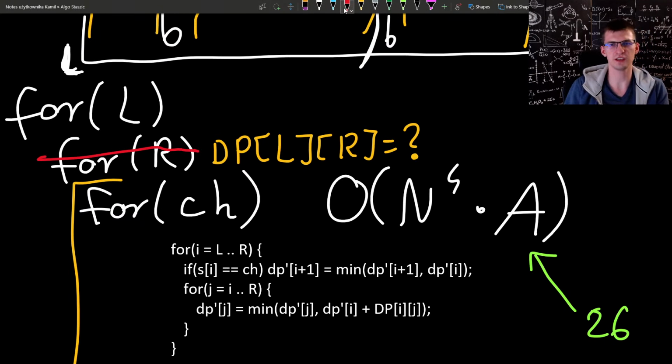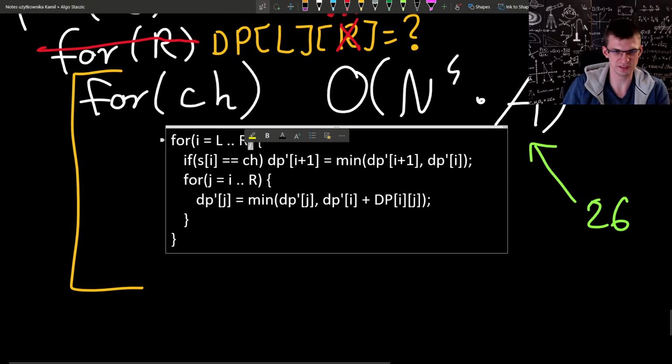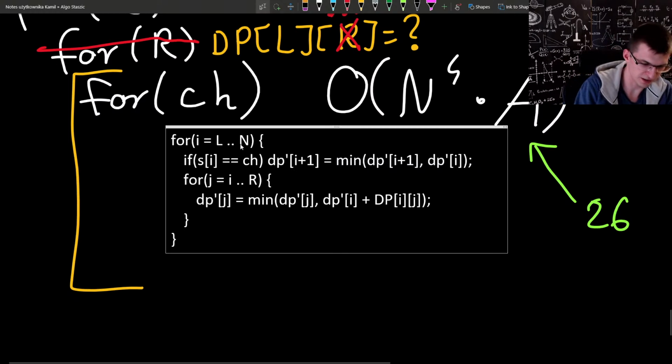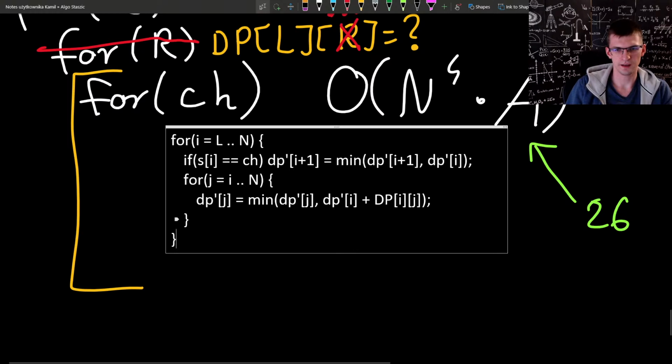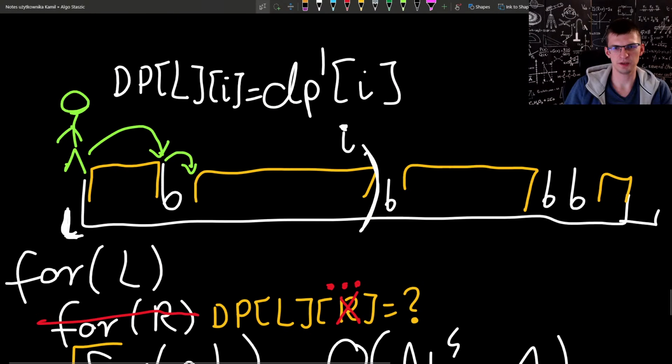And now instead of saying that we compute dp of LR, we compute dp of L and here everything. That's the goal, but we do it in the same complexity. This doesn't change. It's just that instead of r, we here iterate up to n, or n minus 1. And always here we say that dp of LI we minimize in this problem.